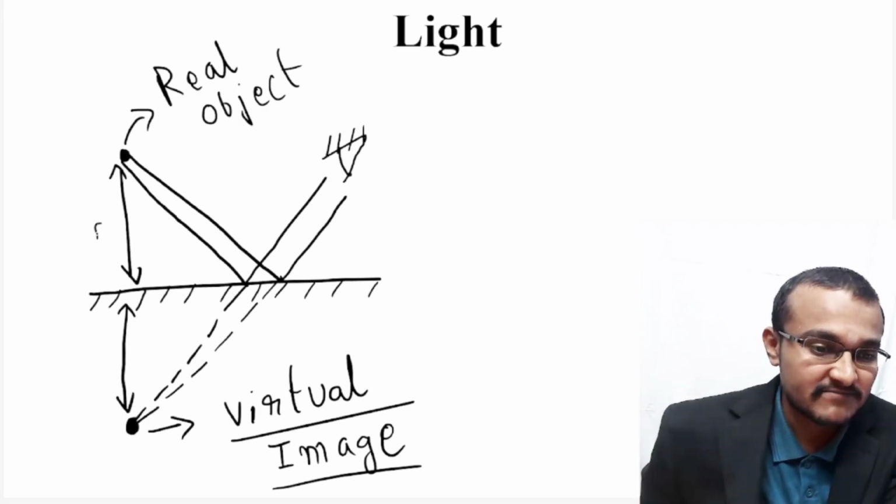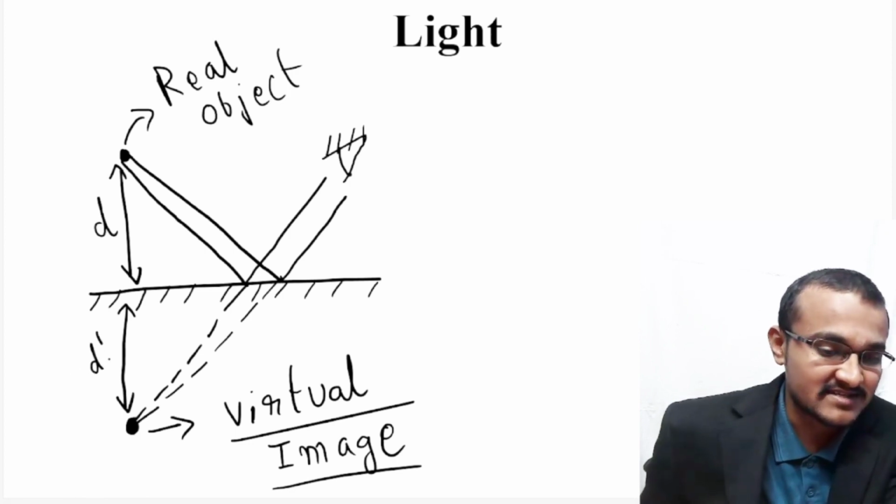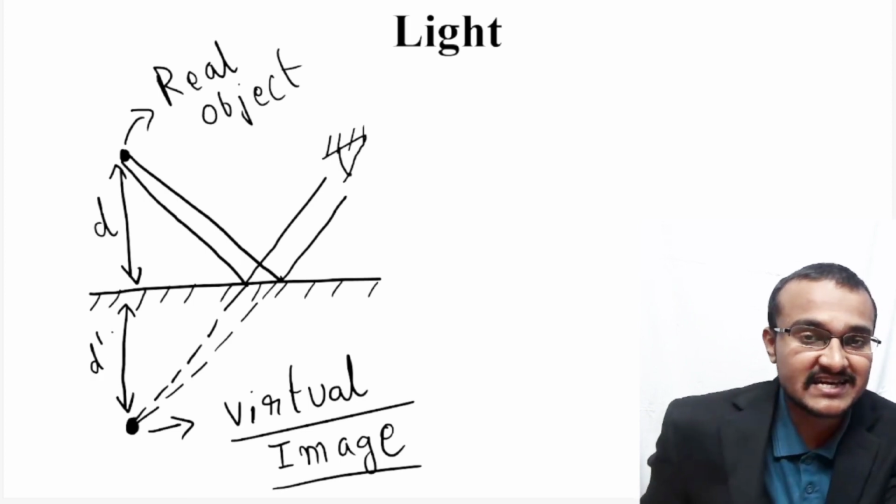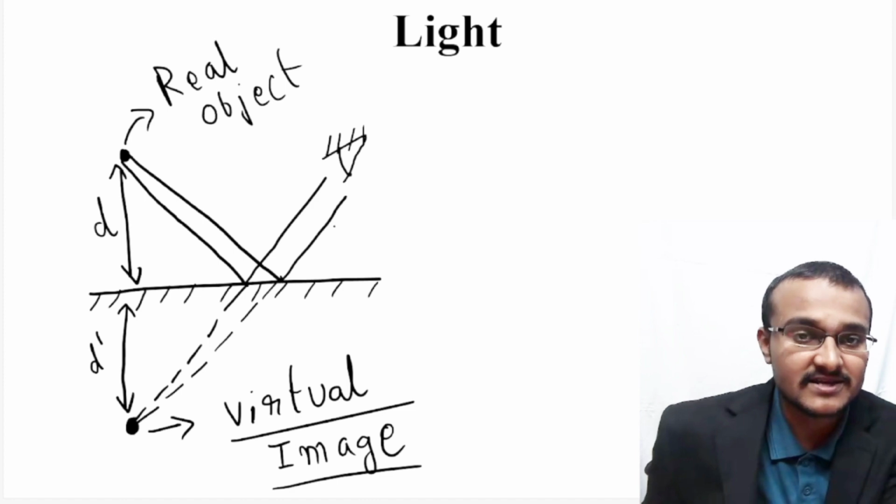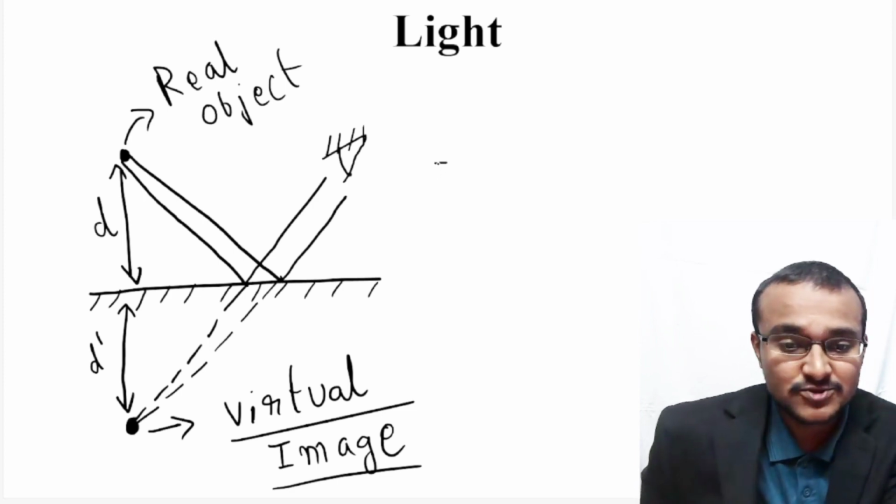Let's say if this object is kept at distance d from the mirror, then the image will also form at distance d dash. That is the distance at which the image has been generated from the mirror surface. So here d will be equal to d dash.